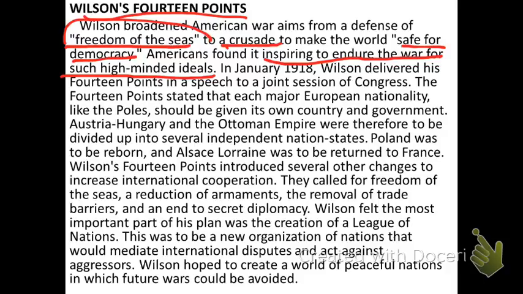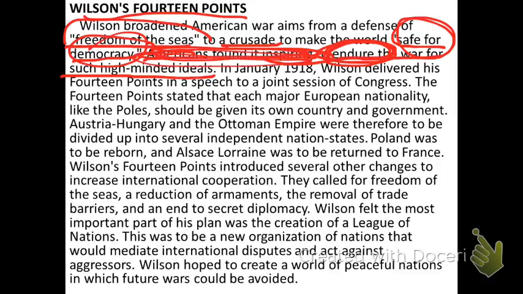Those are some of the things we had to endure. The loss of life, the loss of money, because it did cost a lot of money. But we found that the concept of making the world safe for democracy to be something worthy of our time and pain.